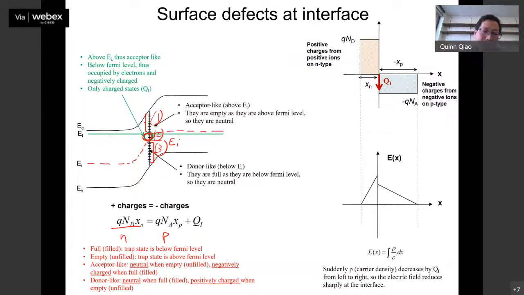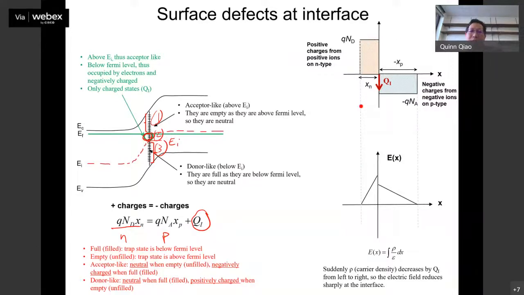Now, since you have this interfacial charge, you have to add that to the P side, because on the P side you lose positive holes and there are only negative ions left. So this interface charge plus the negative ions should be equal to the positive ions. That's what it means. If you plot that, the charge density will be different.